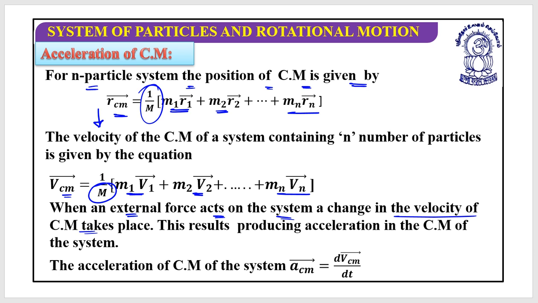So if external force is acting on a system, that can change the velocity of center of mass, and if it can change the velocity of center of mass, that means it can produce acceleration in the center of mass of the system, and that acceleration of center of mass could be given as ACM is equal to d by dt, the differentiation of velocity of center of mass with respect to time.